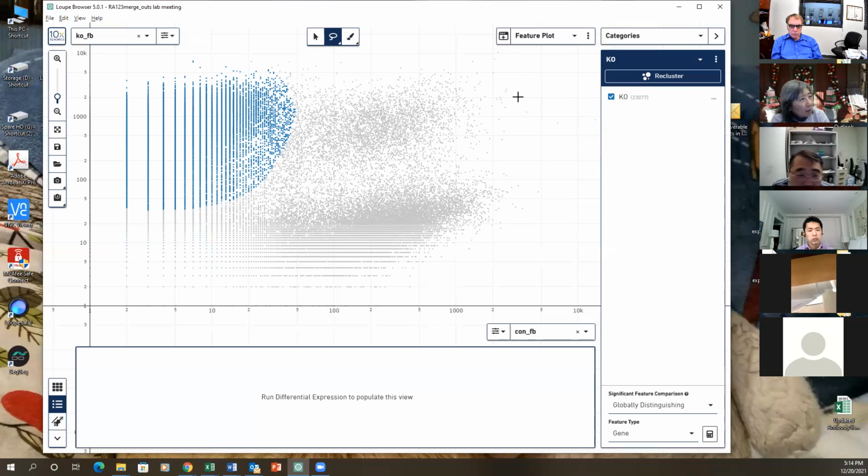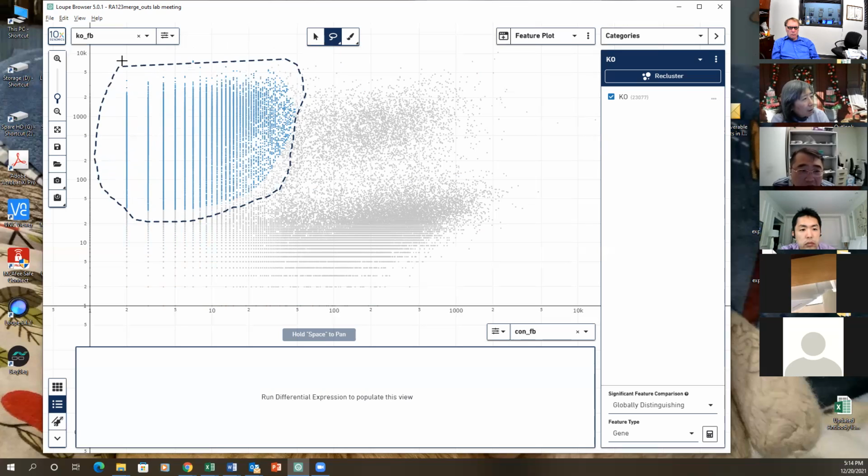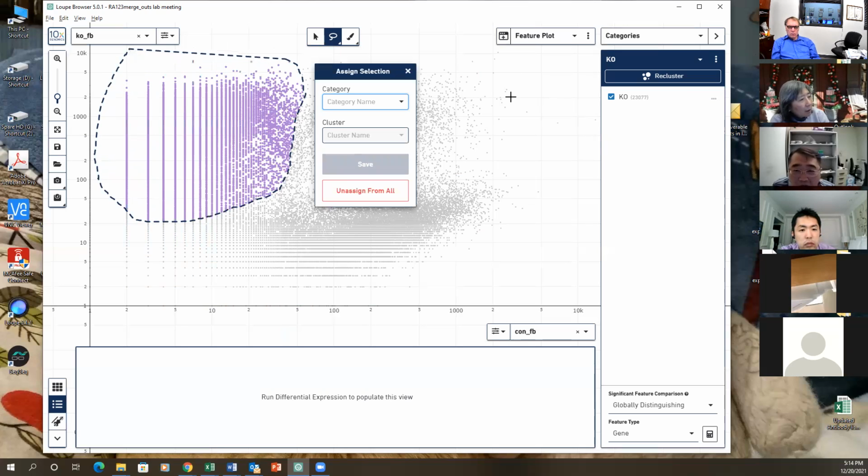Just repeat the gating for the blue color again. You use the polygon. Just draw this again. Yes. Okay. Click, then just draw that again. Just exactly. Yes. Go ahead. Okay. That's it.